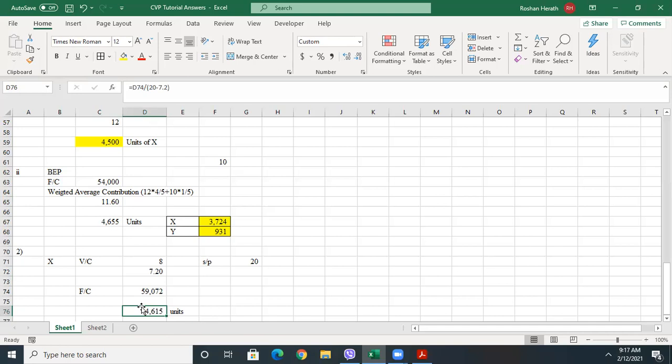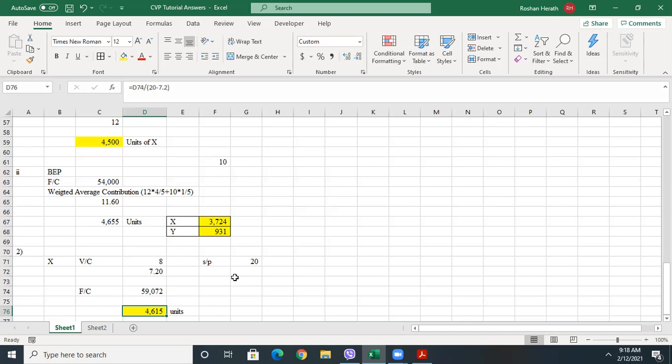4,615 units. So we can see this decision is not going to be a favorable one, because it does not have any impact on the sales price. It does not have any impact on the number of sales either, because the sales price is the same. It only reduces your variable cost, thereby increasing your efficiency.